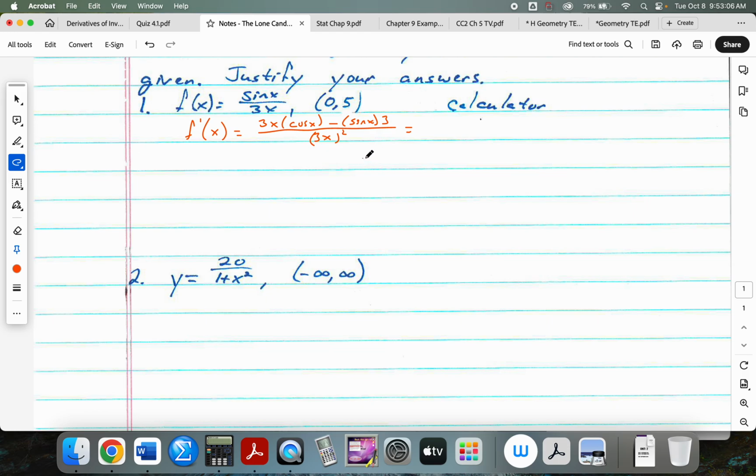Just to simplify matters, I'll note that I can factor a 3 out of all of that and cancel one of them on the denominator and cancel both these in the numerator. So that's going to be x times the cosine x minus the sine of x all over 3x squared. And I want to find where that's equal to 0.